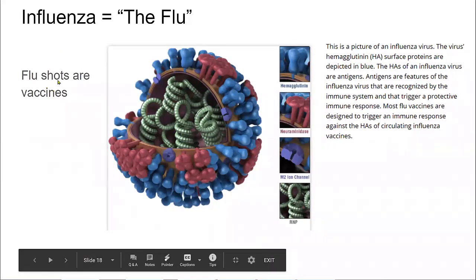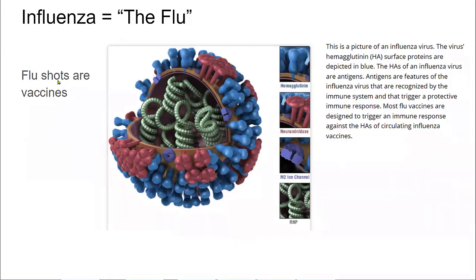Flu shots, I'm hoping some of you have gotten a flu shot. They're vaccines. They're an attempt to say, see this virus now so that your body can make antibodies, and when it comes back in a month or 2 months, you'll say, no problem, we have seen this before, we know how to kill it.